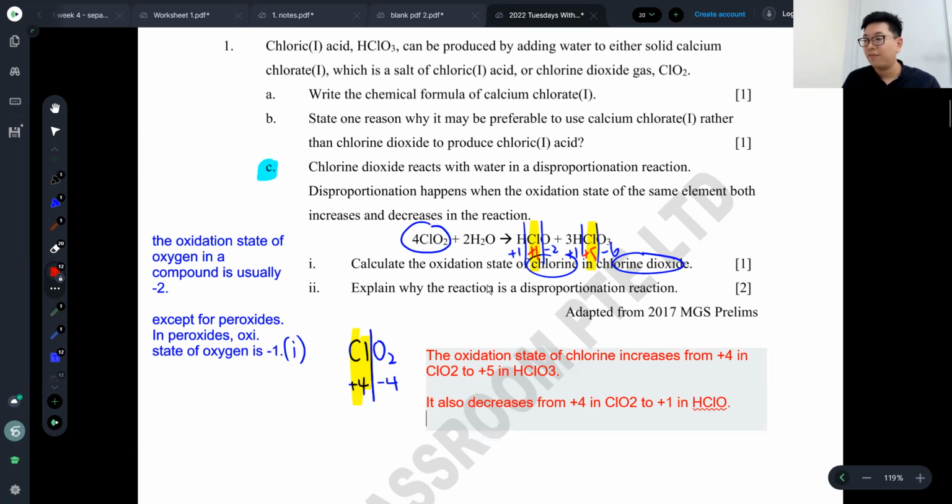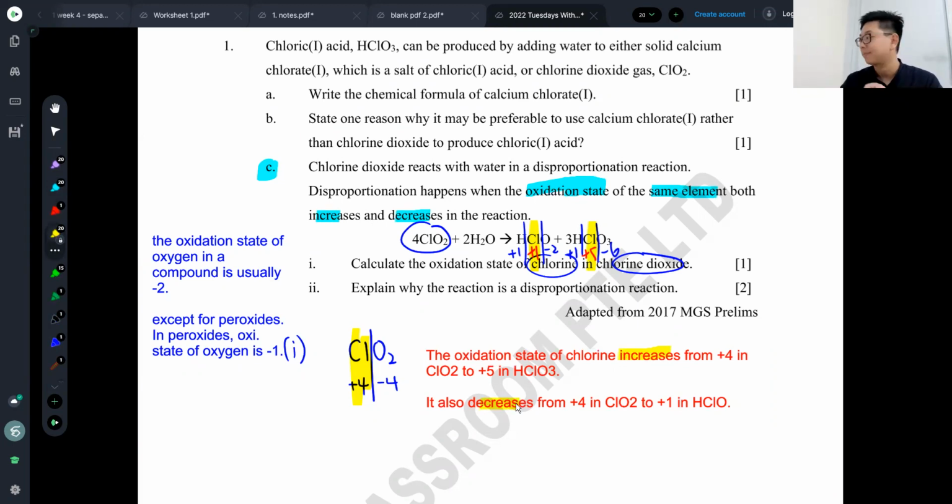That's it. And therefore, it is what you call disproportionation. If you've never heard it before, disproportionation is when the oxidation state of the same element, in this case chlorine, increases and decreases. Here it increases and decreases, therefore disproportionation. Any questions?